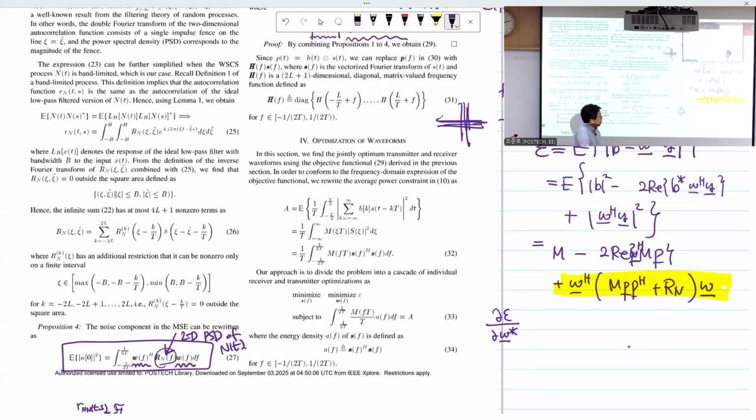So this is a derivative of epsilon with respect to the W conjugate vector. And if all the terms were real, there would be no 2 times real part. So you know how to differentiate a quadratic function of W with respect to the W vector. You know that. The problem here is that you need the so-called Wirtinger calculus.